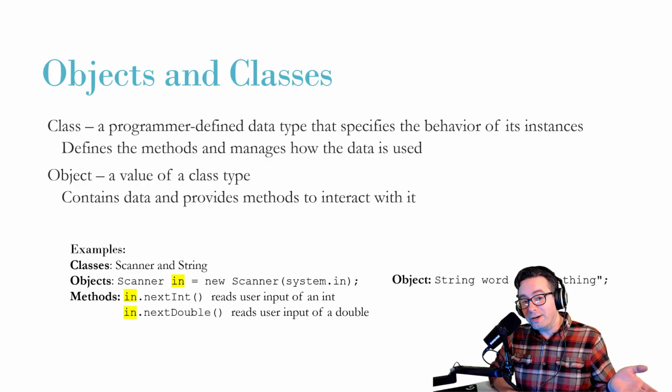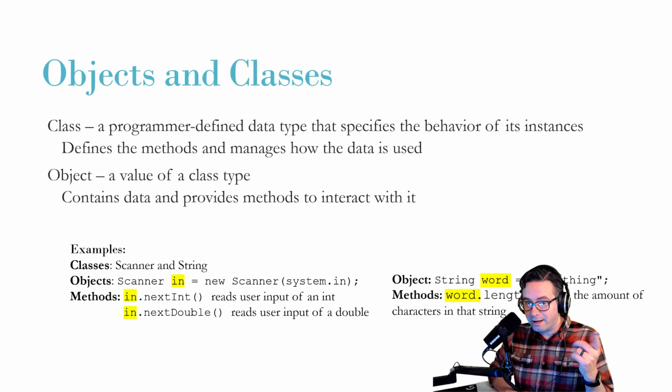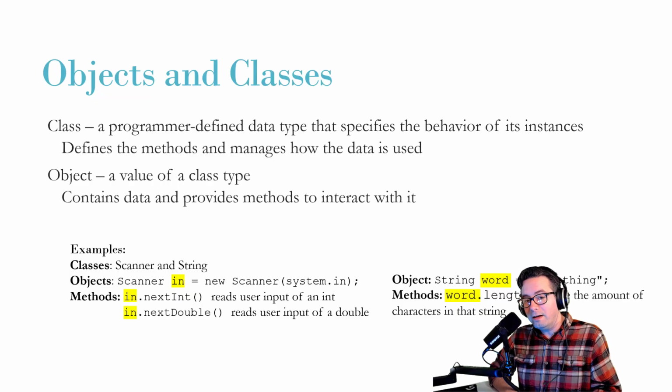For the string class, all we have to do is write String word equals, and then assign the string literal to it, right? But we still have methods from it because String is a class. So we have our object, in this case word, and then the method that's tied to it. When we do word.length, we're finding the length of that specific string object.